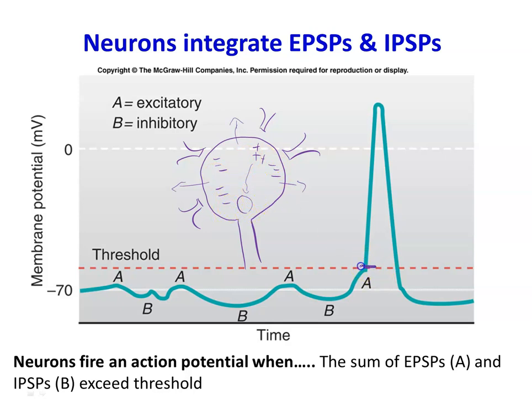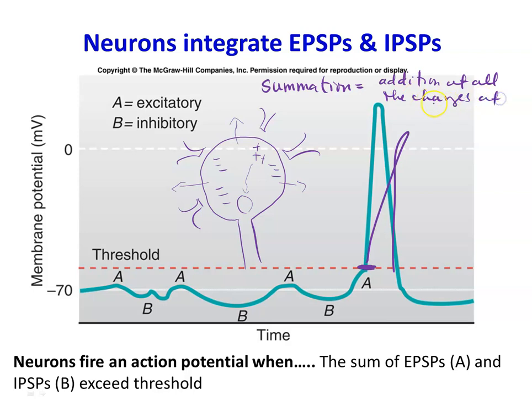And if I hit threshold, then bam, I can have an action potential. You folks good? Summation is the addition of all the charges of a graded potential.